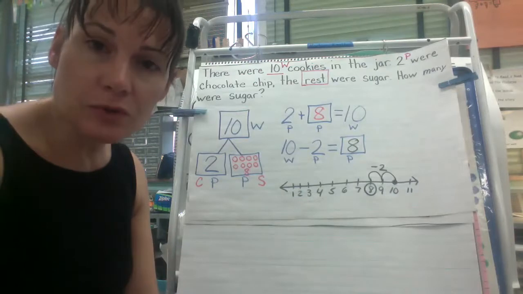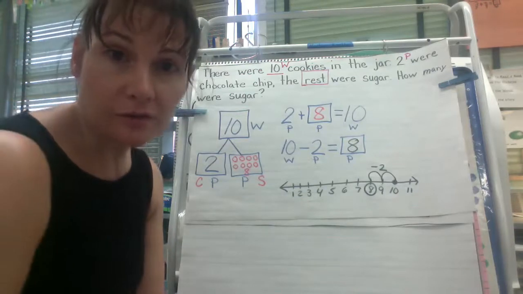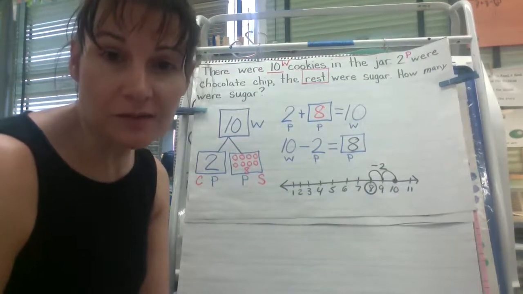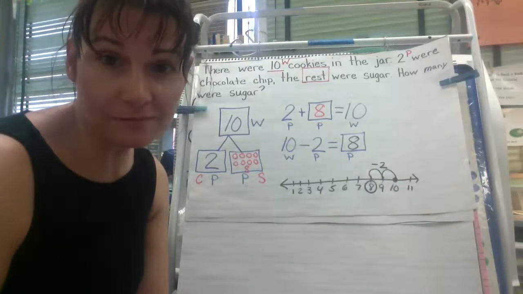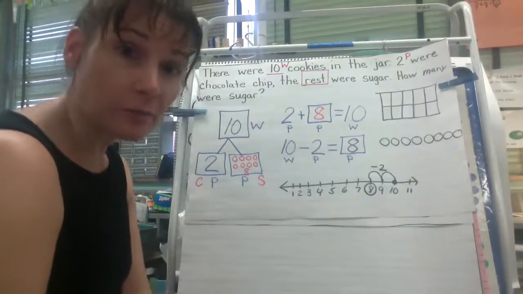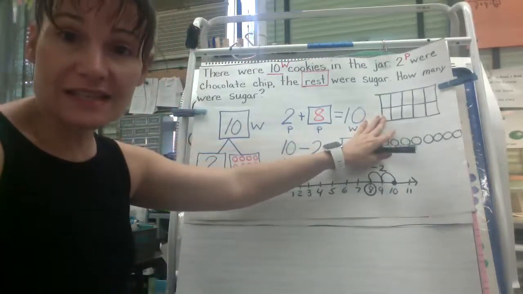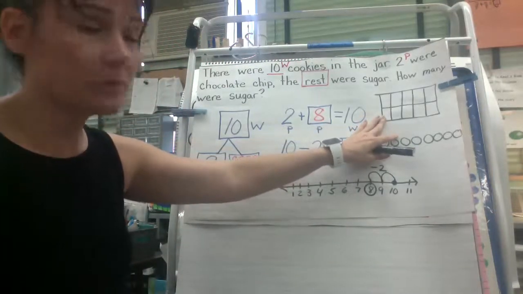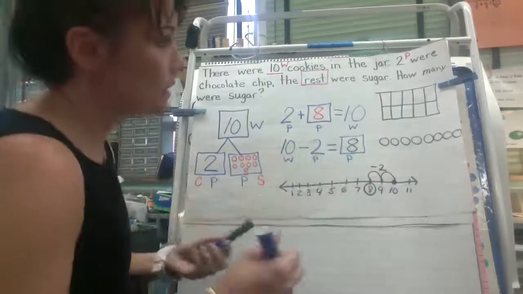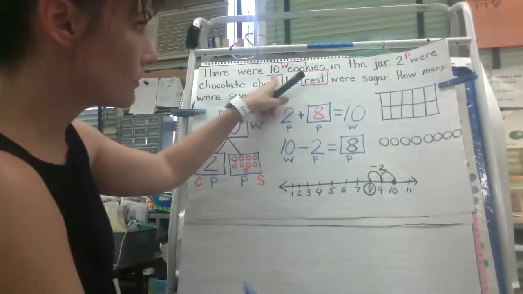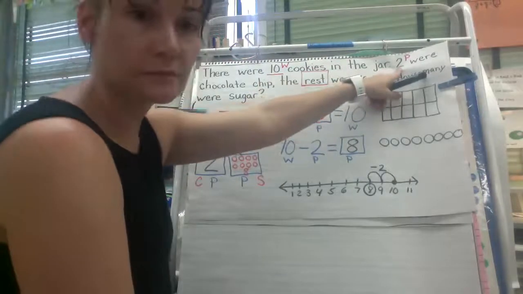Let's see if you can use another model to show your thinking. Pause the video and hit play when you're ready. I saw some other models being used. One of the models I saw was a 10 frame. If I'm using a 10 frame, I can think about my whole and my part.